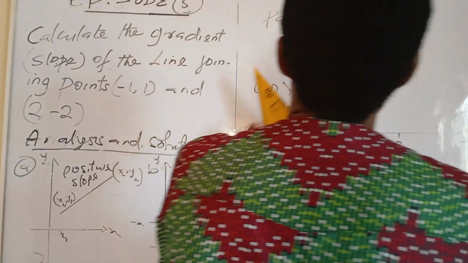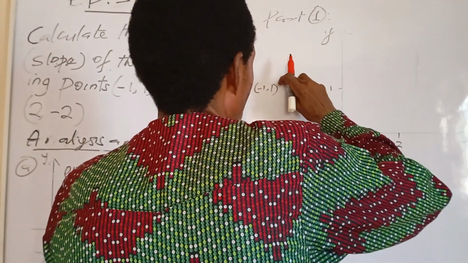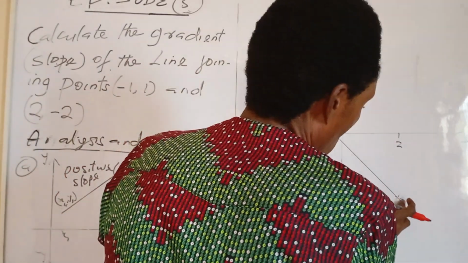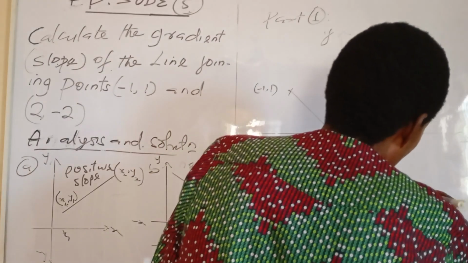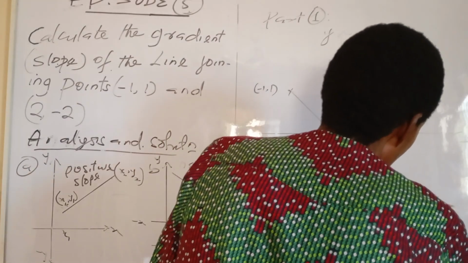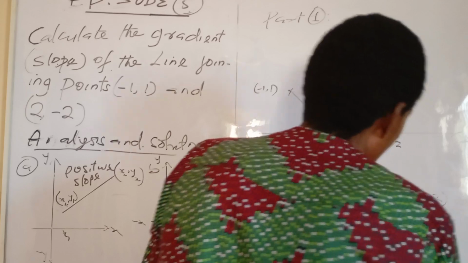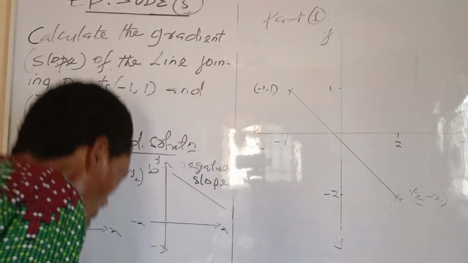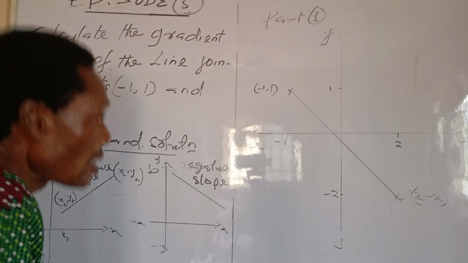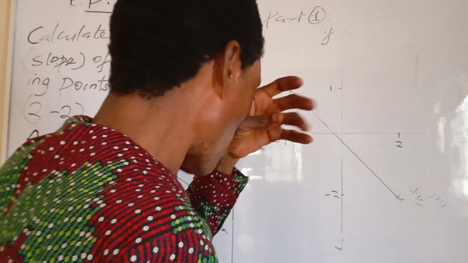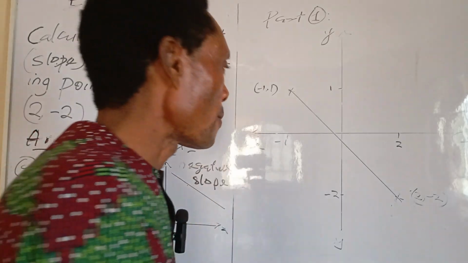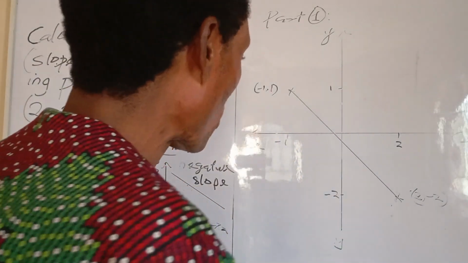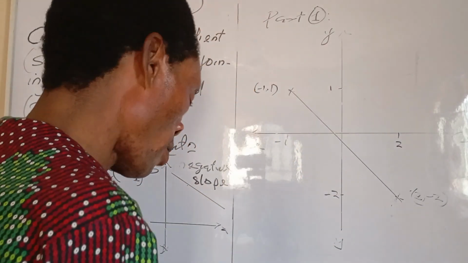Mark this as (2, -2). Then you can see how the line looks. From what I have just explained, you discover that the line falls backward.